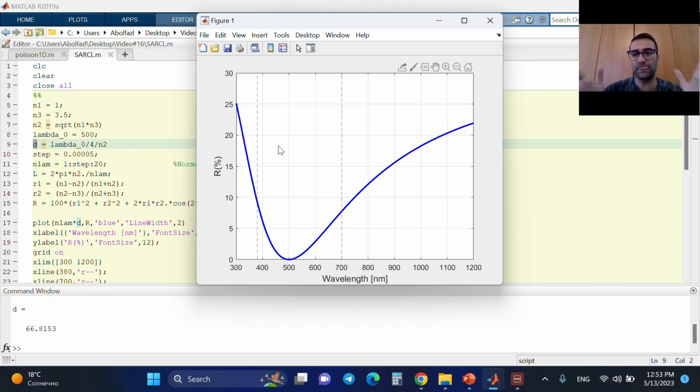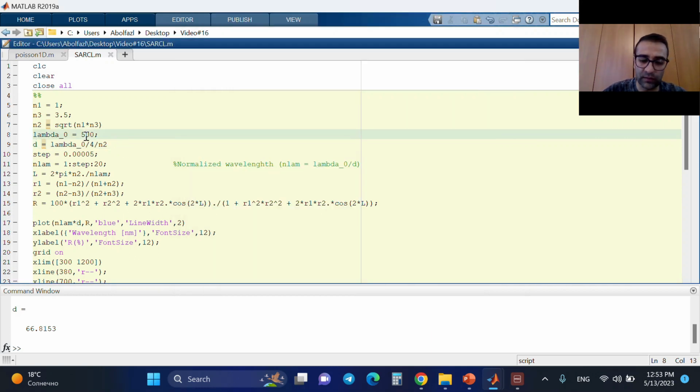That shows the visible spectrum, and you see that we have zero reflection when the wavelength is 500 nanometers.